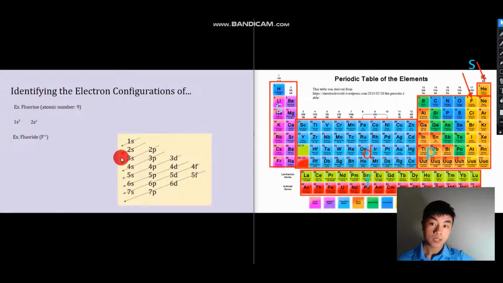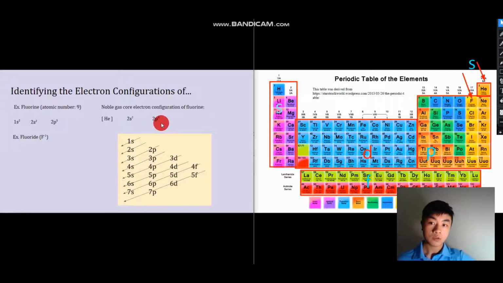Then we know that after the 2s is going to be 2p according to our electron configuration tree. So 2p is going to be this row. And so we know that this is going to be 2p1, 2p2, 2p3, 2p4, 2p5. So fluorine is going to end at 2p5.